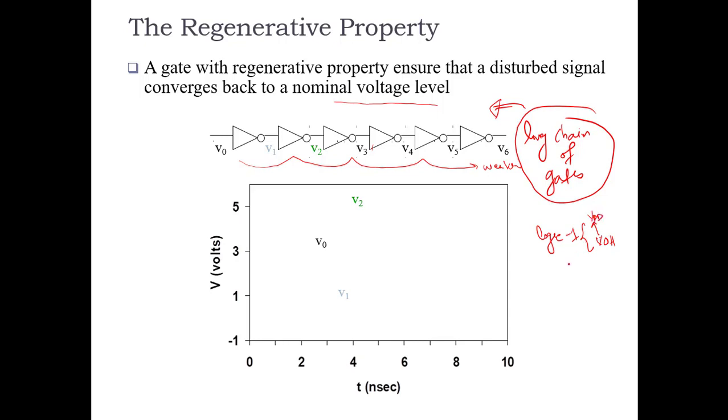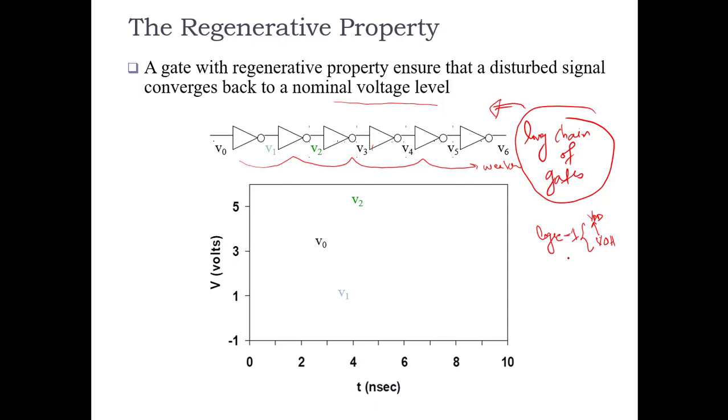So if during the propagation the signal got weaker, the gate will produce a clean signal. So that is what the regenerative property means.